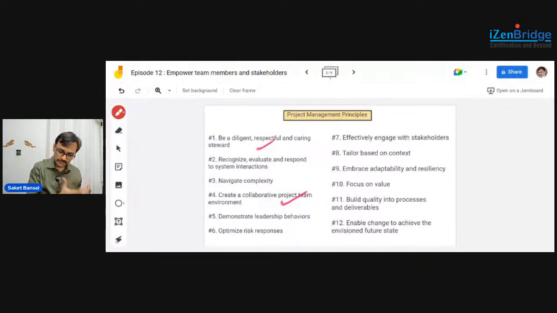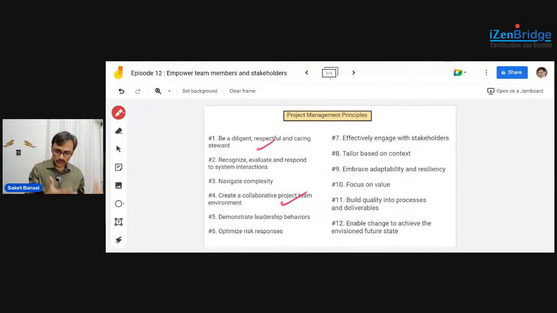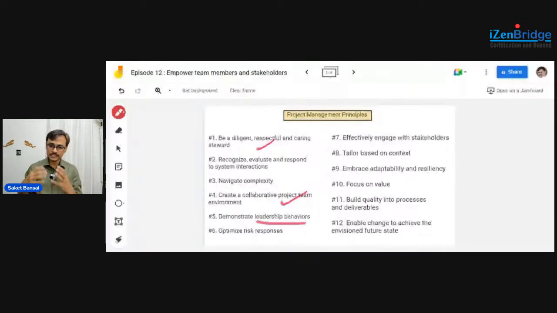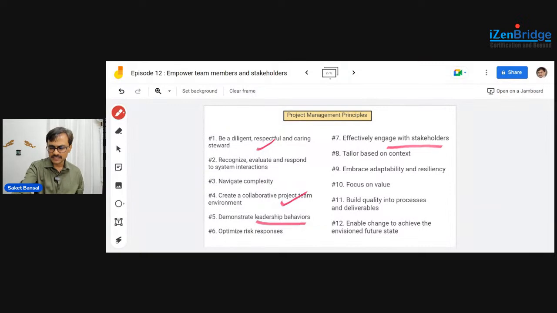I need to care for people, team members, organization, resources. I need to demonstrate leadership behavior, and leadership is all about growing others. Leadership is all about influencing others. So this task also includes that. And I need to keep engaging with these stakeholders. Maybe engagement is not directly linked to this particular task at least, but these 3 principles are pretty much linked with our task, which is in focus today.